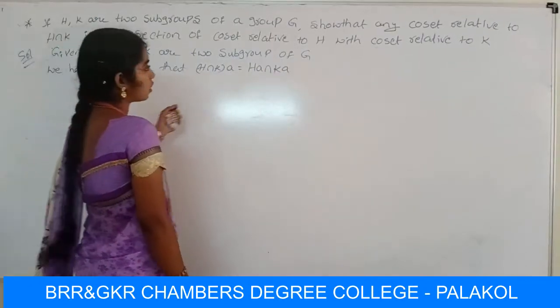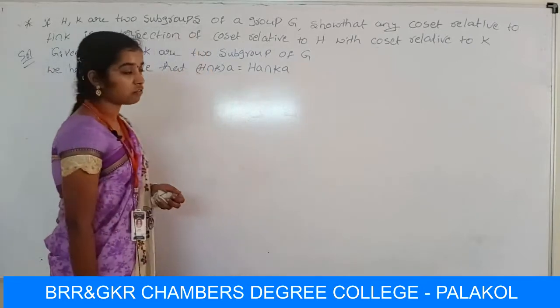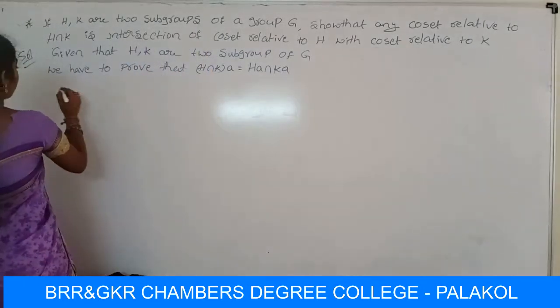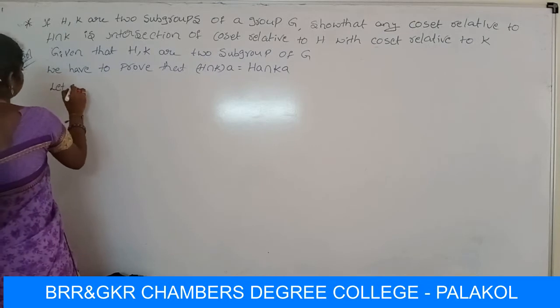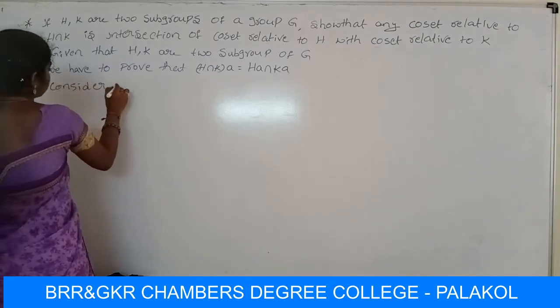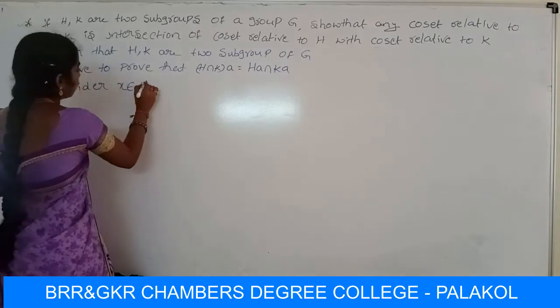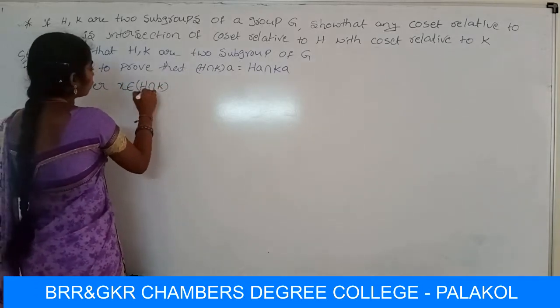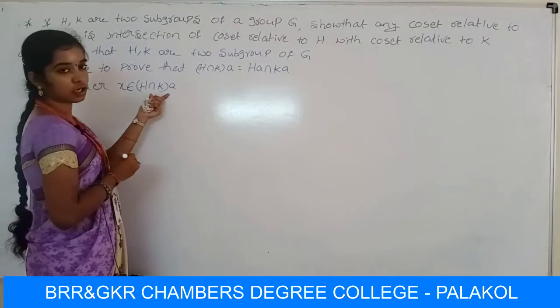This theorem we also prove conversely, using the if and only if condition. So let us consider x belongs to (H intersection K)A. So this is the right coset.